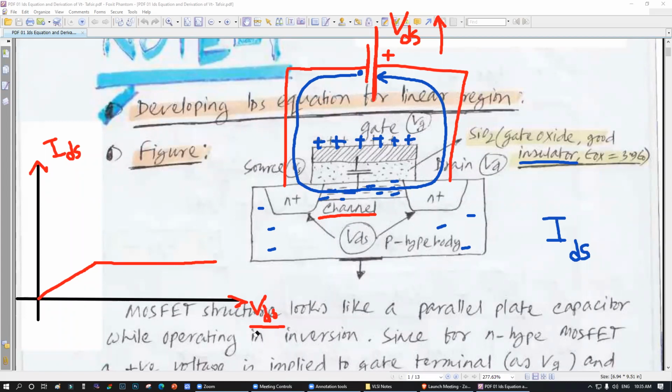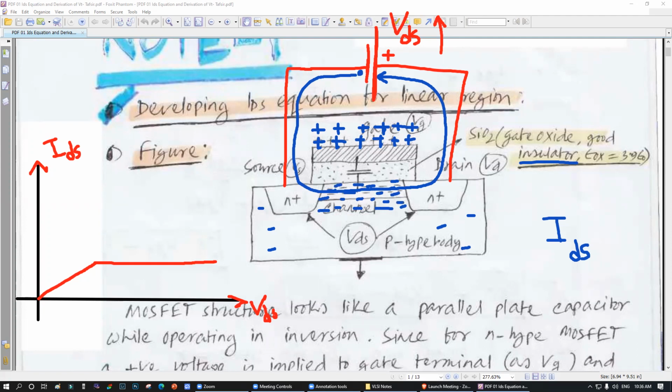Then what is the next procedure? How do you increase the channel capacity? You have to bring a bigger magnet. If you increase more voltage, the rest of the electrons will go and sit there.